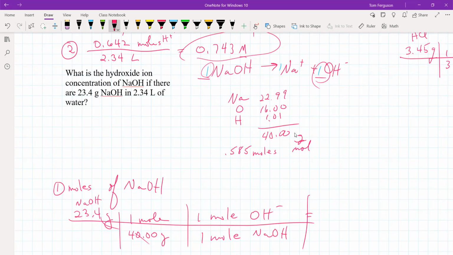My calculator is dying here. Now we have the moles of hydroxide ion.